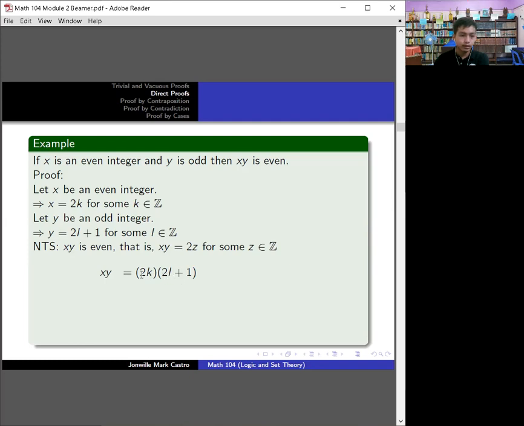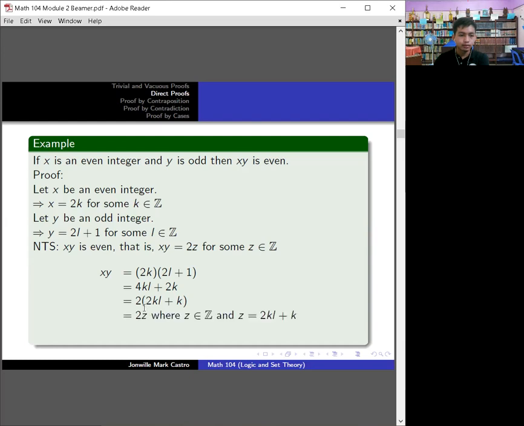Then multiply natin siya. So magdi-distribute yung 2k kay 2l tsaka kay 1. So we have 4kl plus 2k. Then we factor out 2. So yun yung gusto natin maipakita. We have 2 times the quantity 2kl plus k.